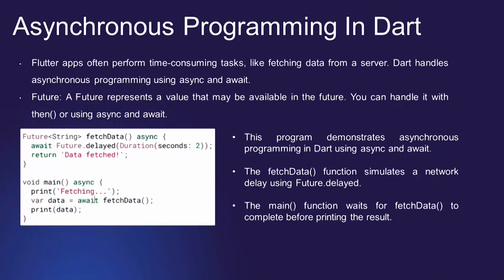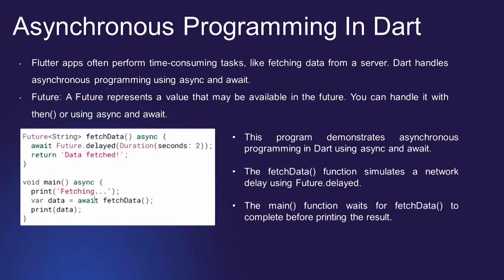So, this is how we can define an asynchronous function, and inside that we write await Future.delayed, and inside that we write Duration(seconds: 2). Now, what does it mean? So, this program demonstrates asynchronous programming in Dart using async and await.